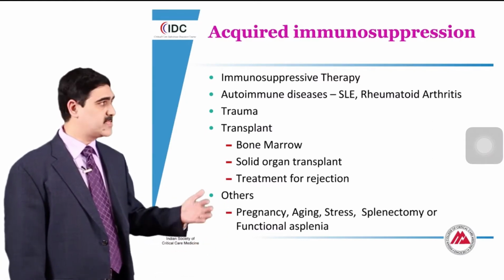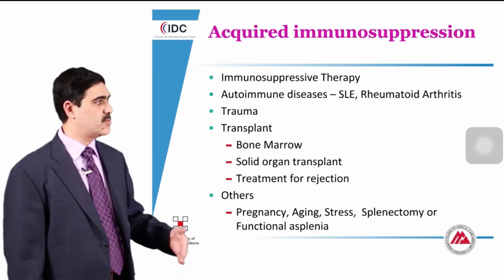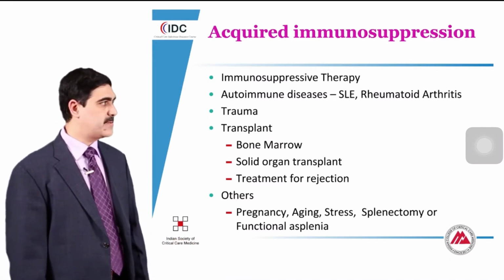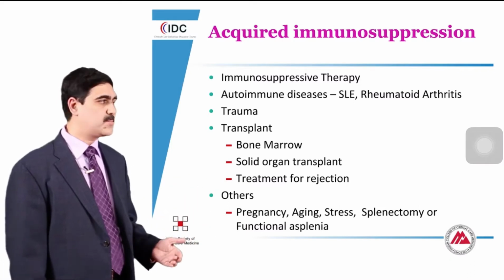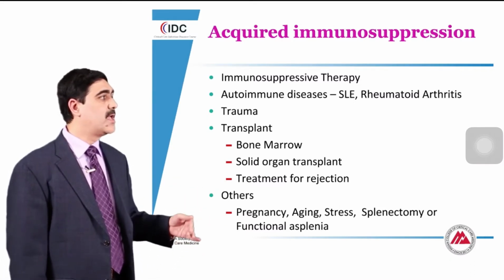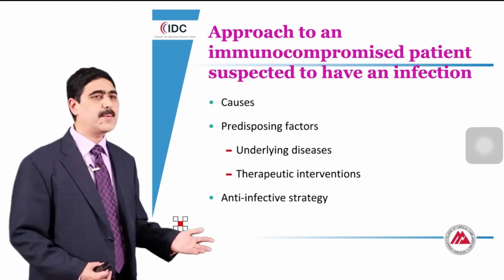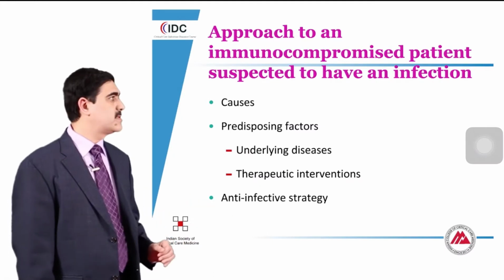Stress due to any reason, I mentioned polytrauma, but stress due to any factor, whether it is in the ICU or chronic, could also be leading to immunosuppression. Splenectomy done for any reason or a functional asplenia, when the spleen is not functional, could lead to a state of immunosuppression.